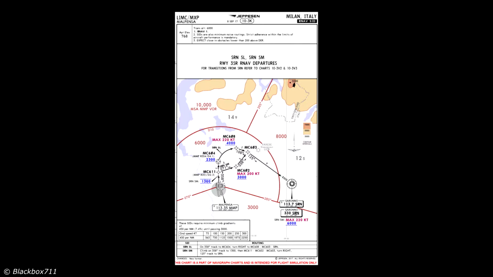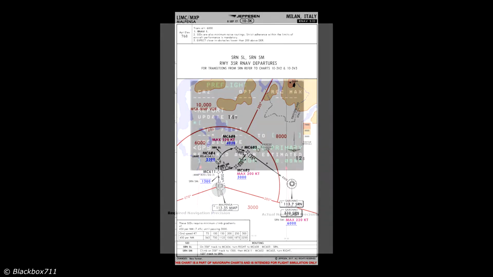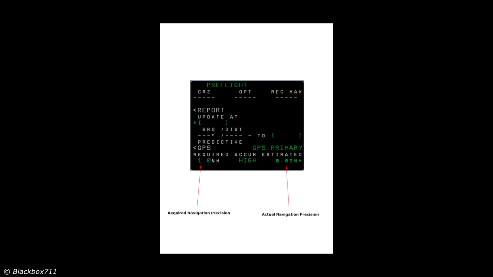And when you look in your FMS or on the nav display, it will say ANP. So RNP is the required navigational position, and ANP is the actual navigation position. And so the actual navigation position, if you have GPS update, will be around 0.02, 0.05 miles. So very, very accurate. And yes, of course, in that case, you can fly the departure.